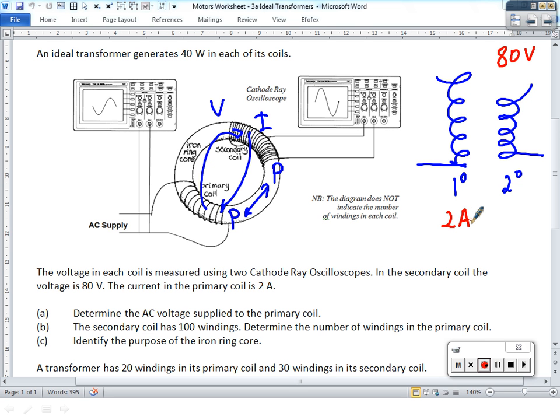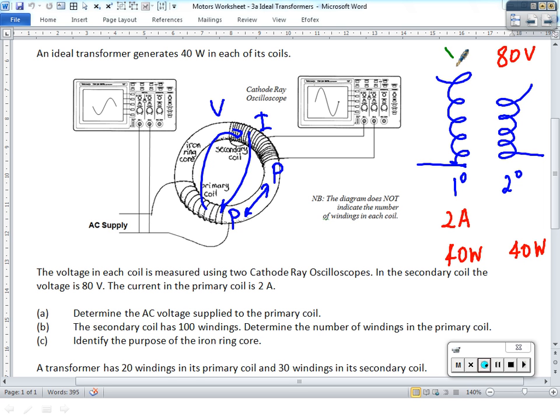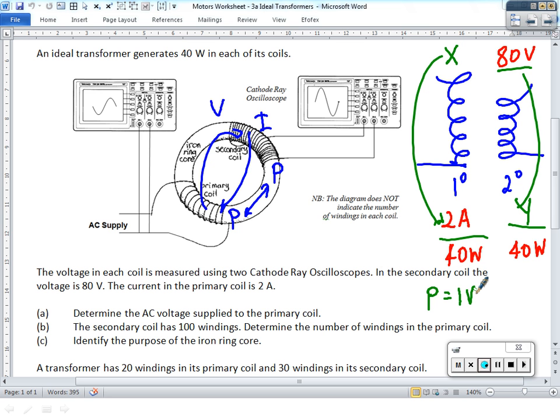And we know that each of them has 40 watts. So we know that this number up here times 2 equals 40, and this number here times that number there also equals 40, because we know that P equals IV, or VI, in both coils is the same.